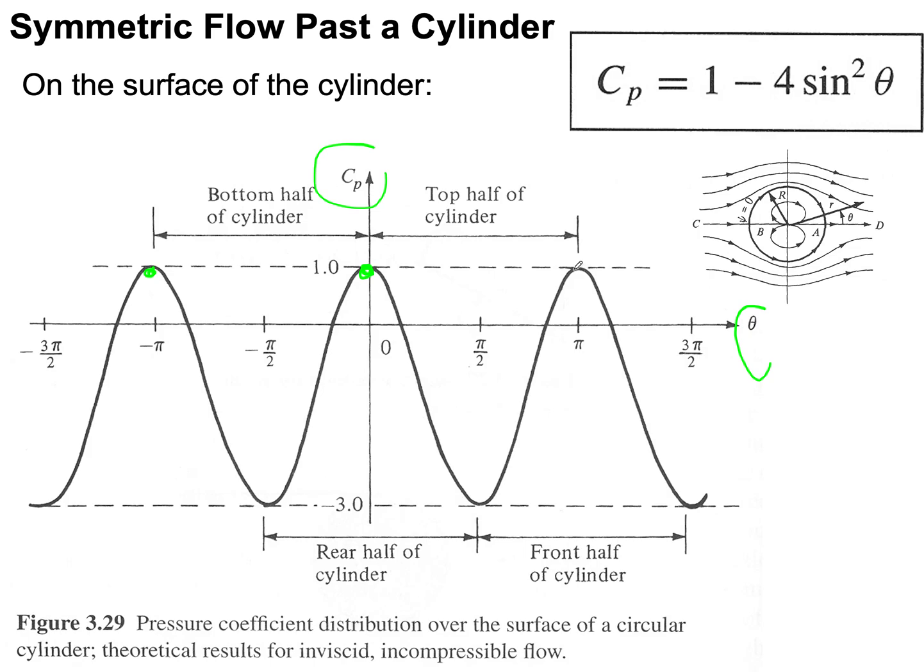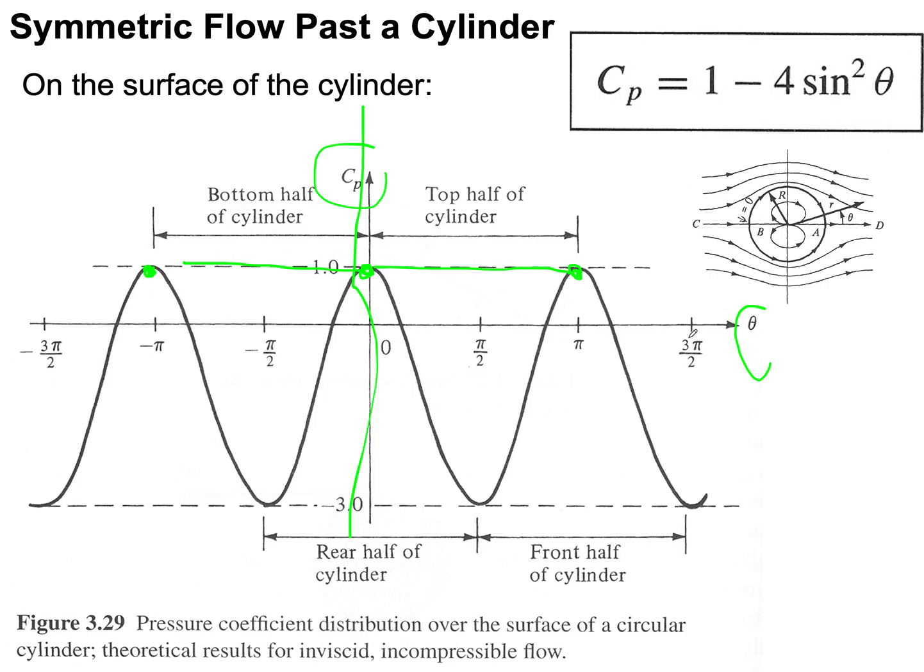So this is the front, and this is that point, theta equal pi and minus pi, they're the same point. So this is the bottom travel path and this is the top travel path, and you'll see they're symmetric. So the cylinder is symmetric up down, but it's also symmetric left to right.